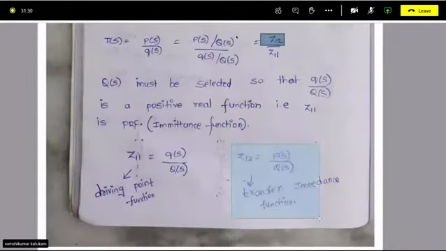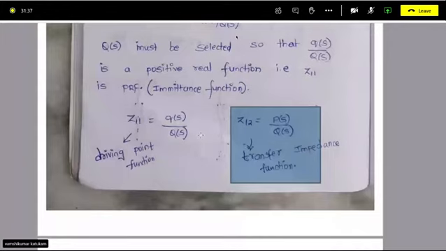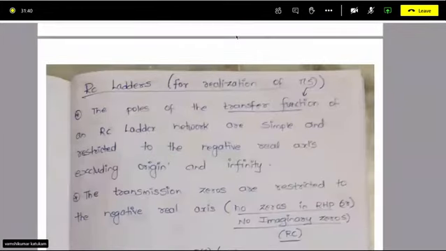Transfer impedance. Now, we are first to synthesize or realize T of S. First, I am taking RC ladders. So let us try to synthesize the given transfer function T of S using RC ladders. If you remember ladder networks, all the poles and zeros of a ladder network should be present in the left of the S plane.